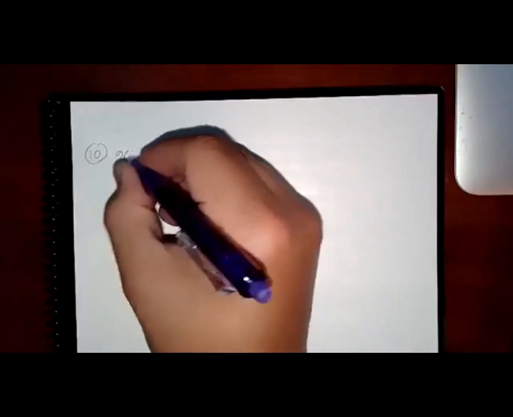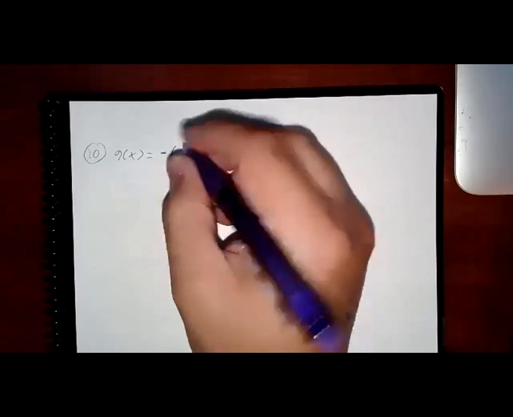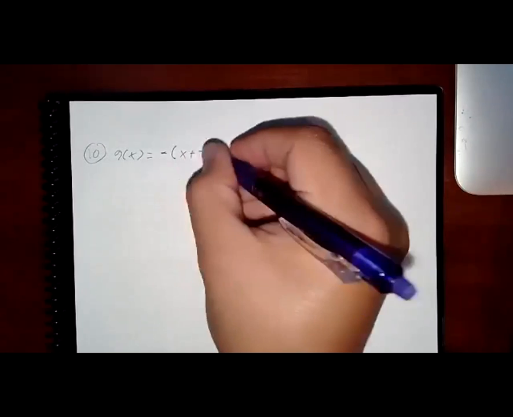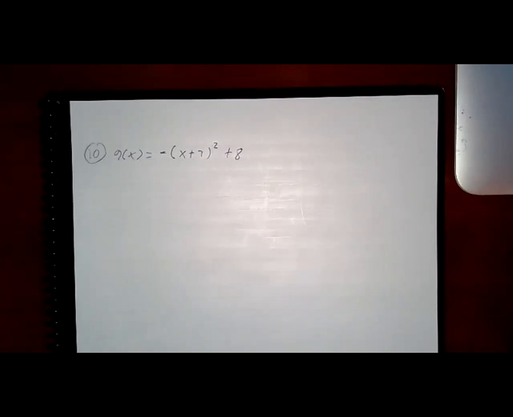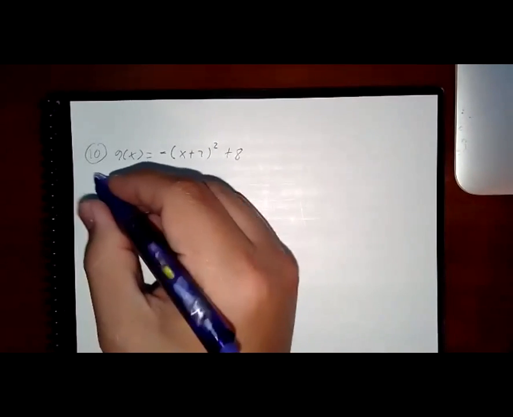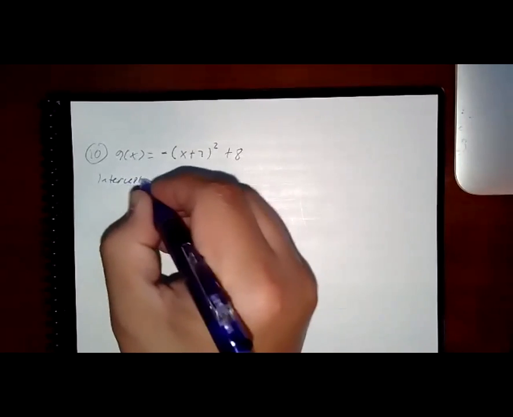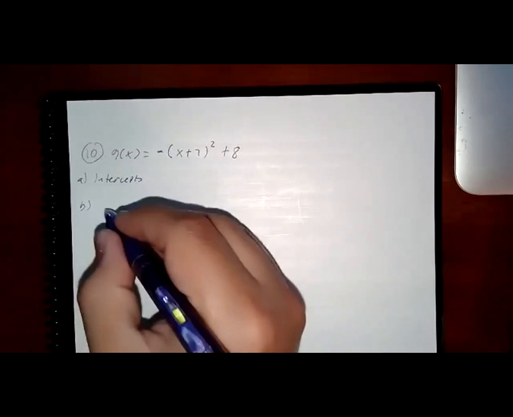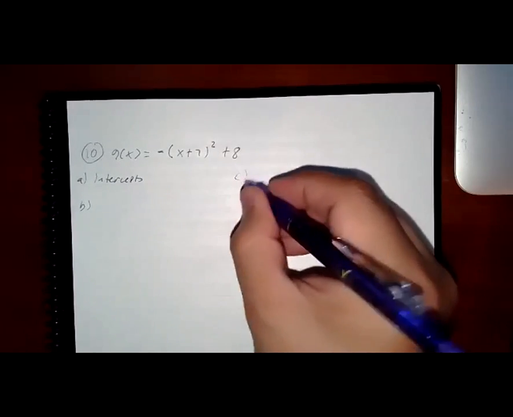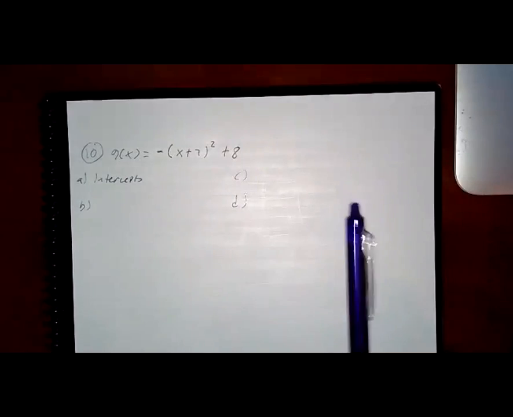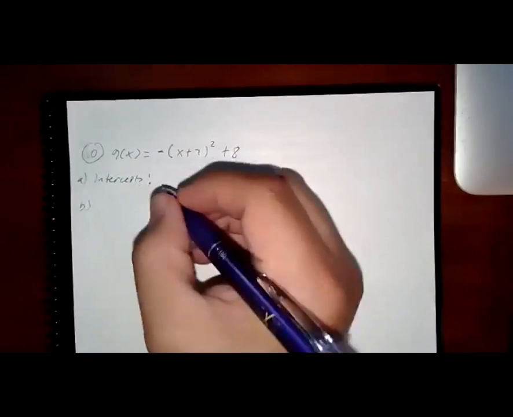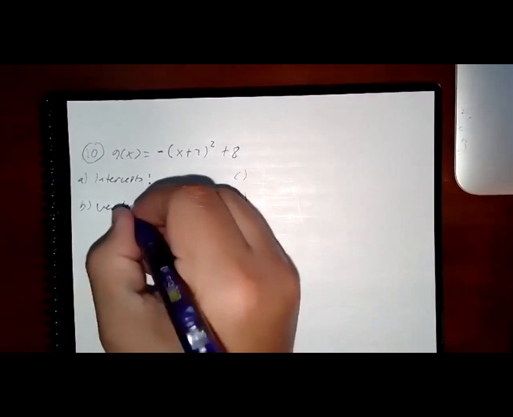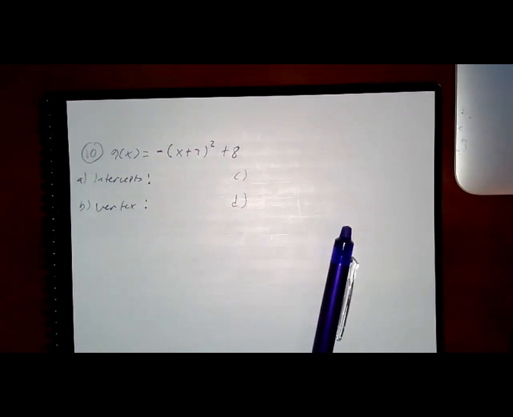Okay, so graph that. Intercepts are part A, the vertex is part B, part C, D. All right, let's go graph it.